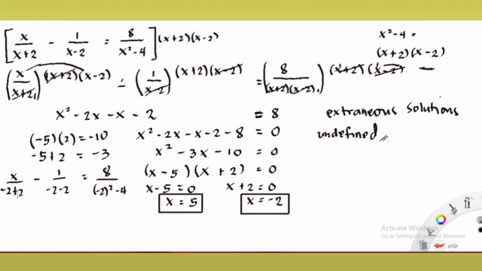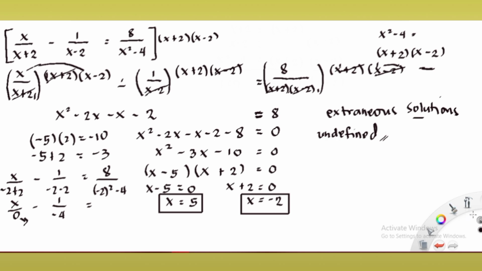Dito pa lang negative 2 plus 2, 0 na yan. Ito hindi. 1 over negative 4. So, wag din natin ituloy kasi dito pa lang undefined na. Ibig sabihin, negative 2 is an extraneous solution.